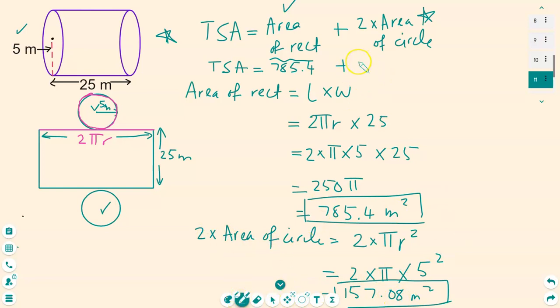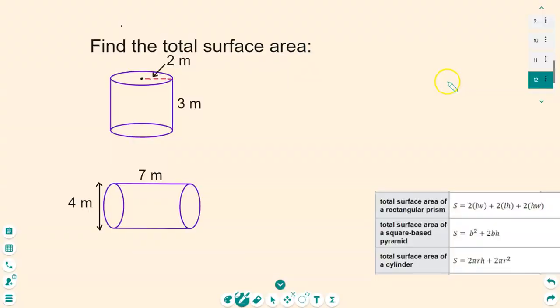So I'll just plug it straight in and see what we get. 785.4 plus 157.08 in my calculator. 942.48. And if you can put a box around it, I know it's a bit messy. And then we need to give meaning to our answer by putting square meters there. So that's introduction to the surface area of a cylinder.